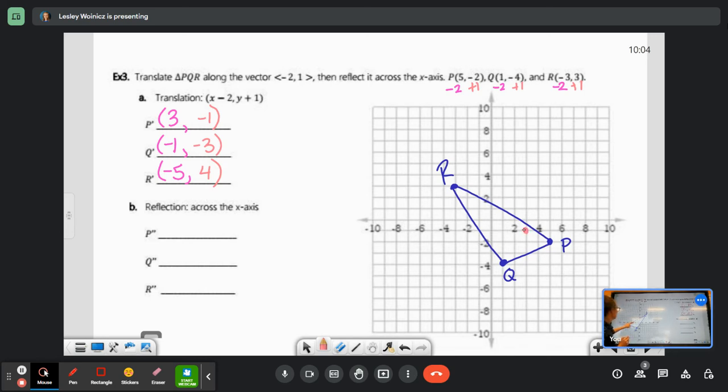That's here, that's my P prime. My Q prime is -1, -3, right there. And my R prime is here.